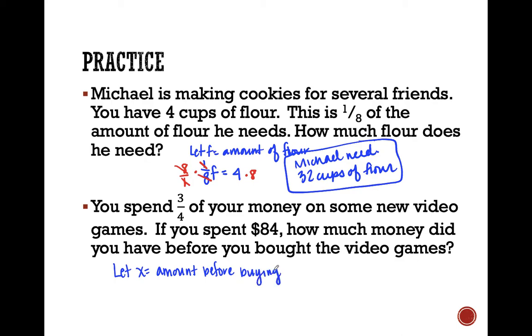You don't have to write a full sentence here, just short and sweet, but make sure it's specific enough, not just like dollars. Okay, and our equation is he spent 3/4 of the amount that he had. So 3/4 of X, which is 3/4 times X, he spent a total of $84. Okay, and now that we have the equation, try solving it.